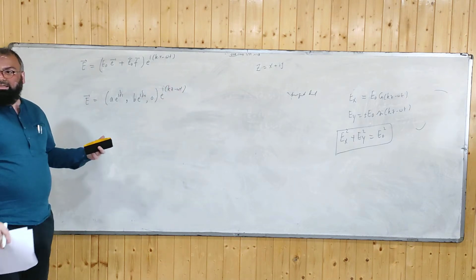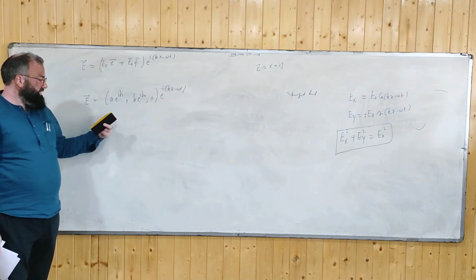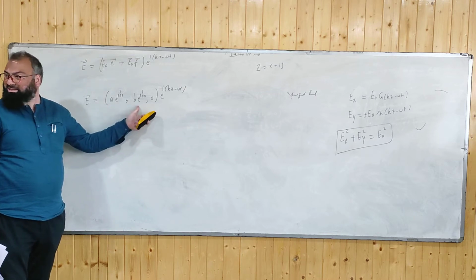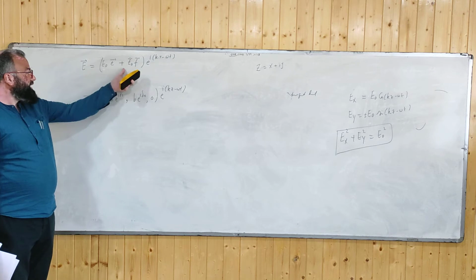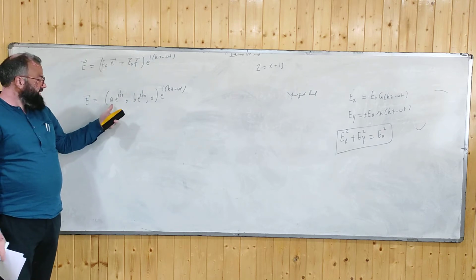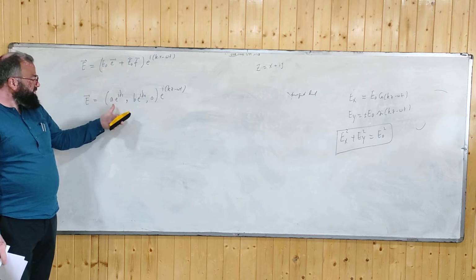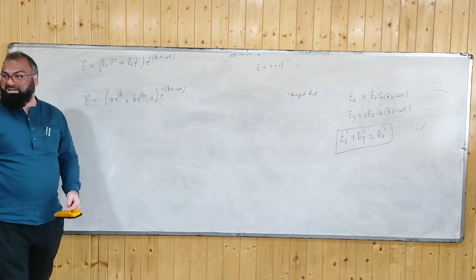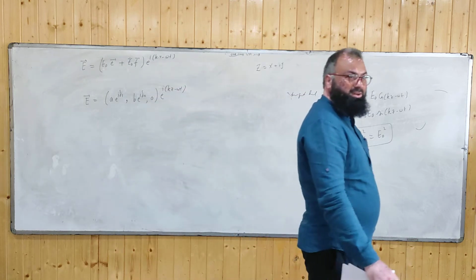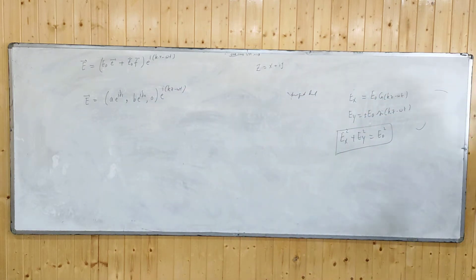What is your e vector? It is (1, 0, 0). And what is your f vector? (0, 1, 0). So I can combine them in a single vector. I have chosen them so that delta 1 minus delta 2 represents the phase difference between the two waves. Clear? Samajh aawa? You got it?